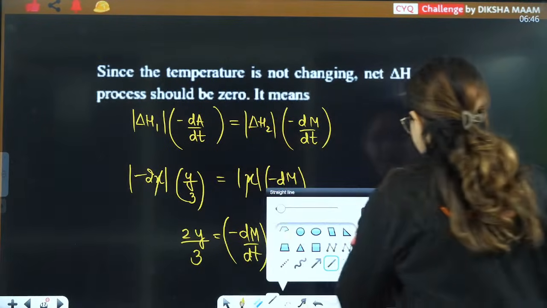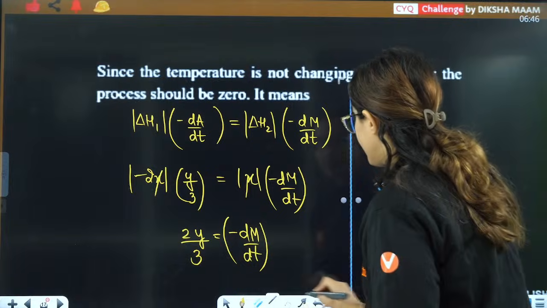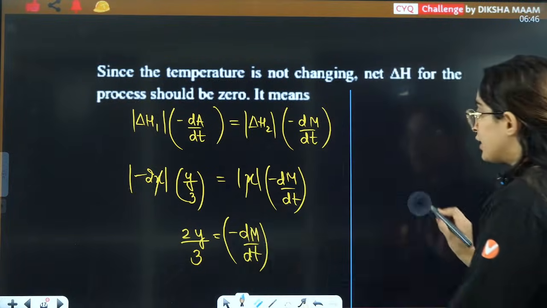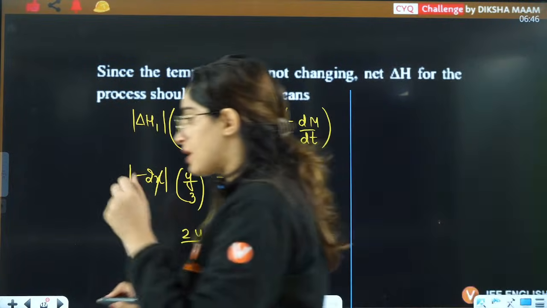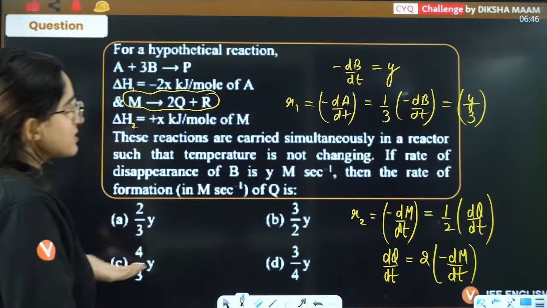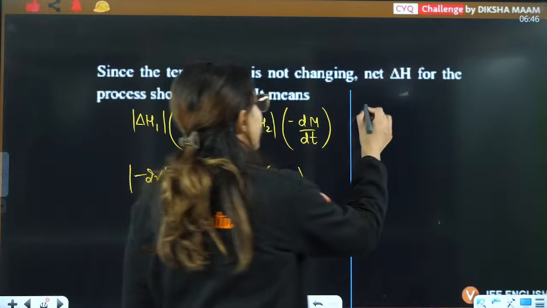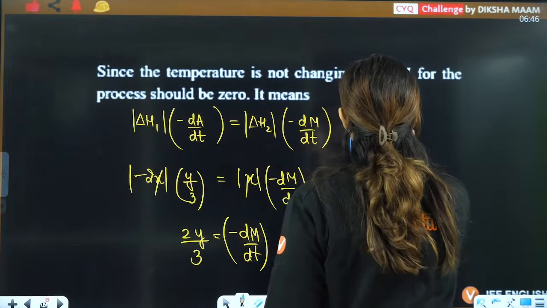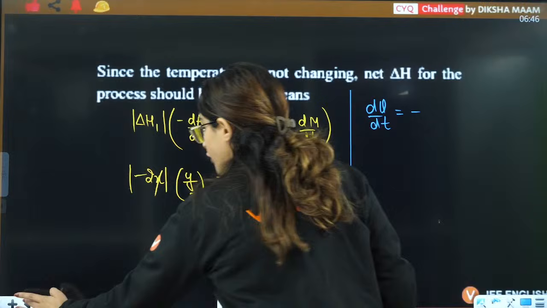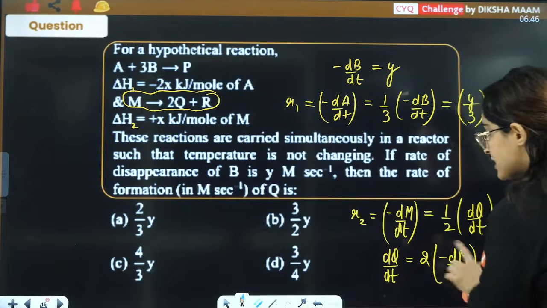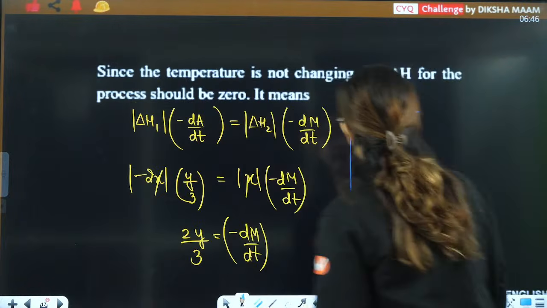Right? You have the value of 2y by 3 here. You have the value of minus dm by dt. Once you know the value of minus dm by dt, you put it here. So you can write here that dq by dt, this is what they are asking you, is minus of, this is given to be 2y by 3.